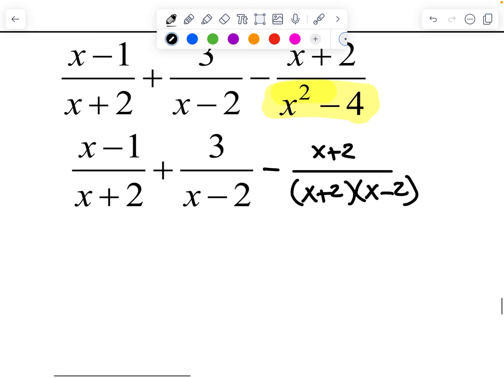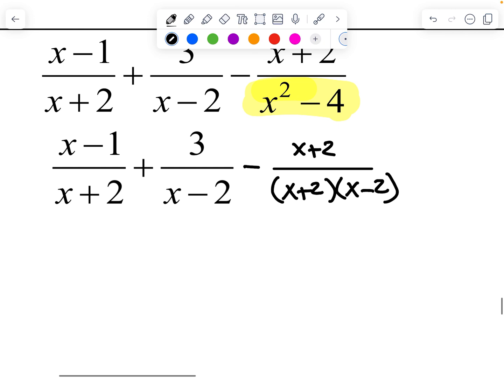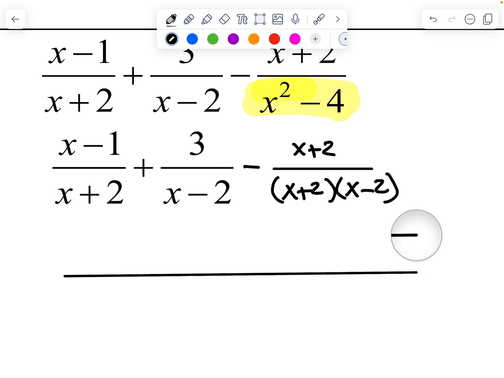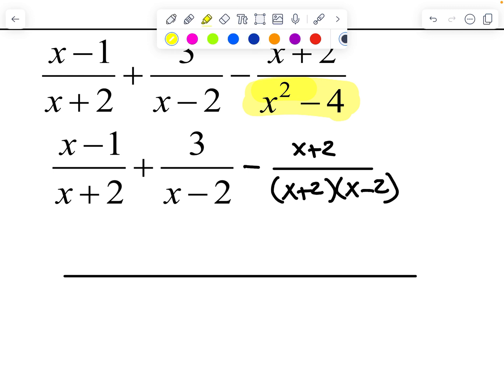Okay, moving on. Now we need to get a common denominator. And the common denominator is right here. So the common denominator is x plus 2, x minus 2.